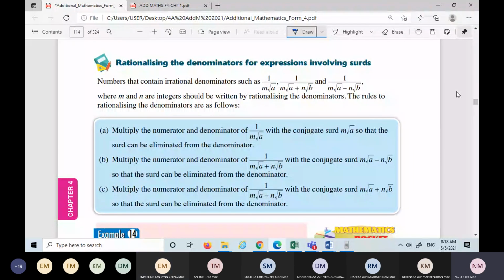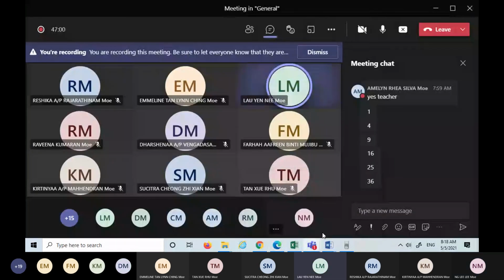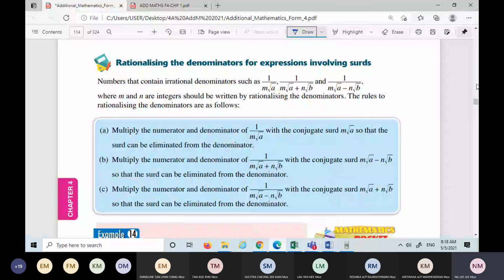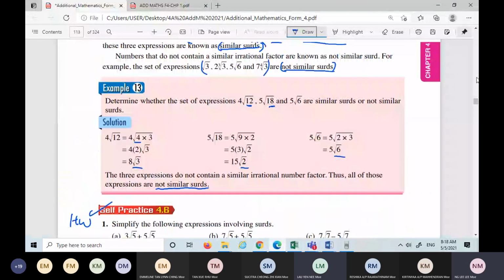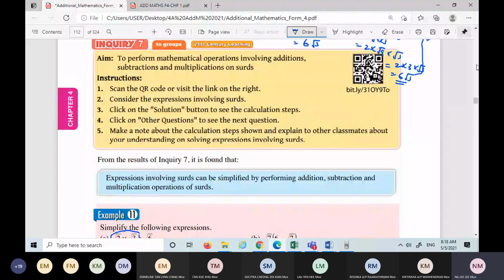Teacher, how about the notes you mentioned just now? You take the blue box. Which page? I don't have a textbook. Oh, you don't have a textbook. Blue box, whatever I say, you write in your notes.